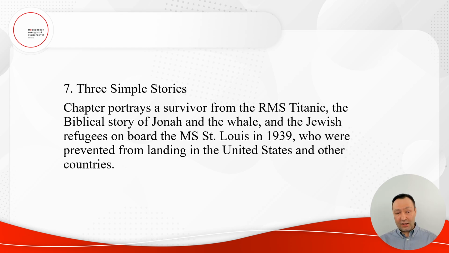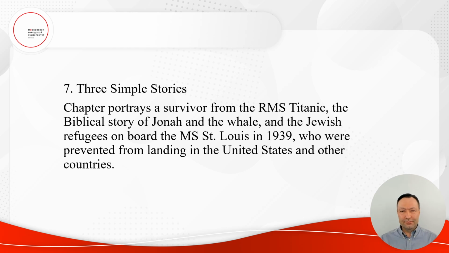And then the second part describes the story of the prophet Jonah and the whale by describing a real person who was swallowed by a whale but remained alive. And the Jewish refugees on board of a ship, the St. Louis, in 1939 who tried to escape from Nazi Germany but are not accepted in any way by the United States and other countries.